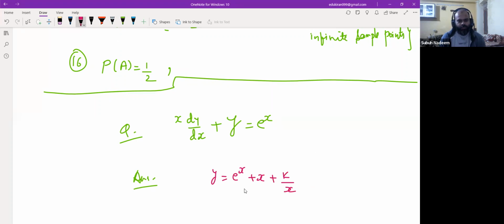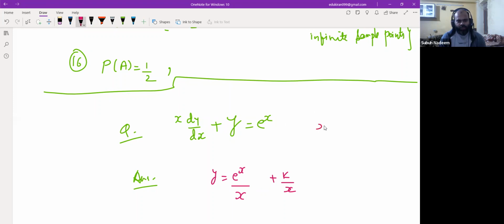So e^x by x, okay, not plus x. e^x by x. This one. Yes, sir. Okay. So if you find the integrating factor, it would become e to the power log x. So x will be the integrating factor. You will multiply by x.